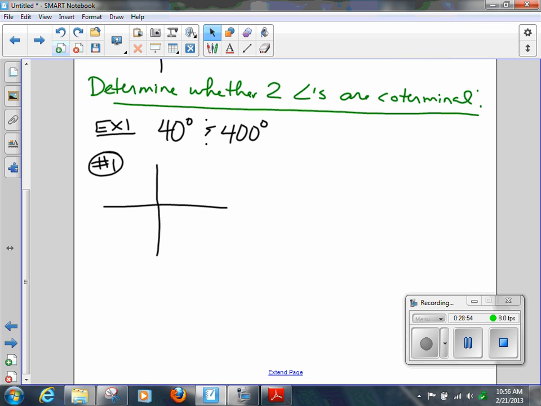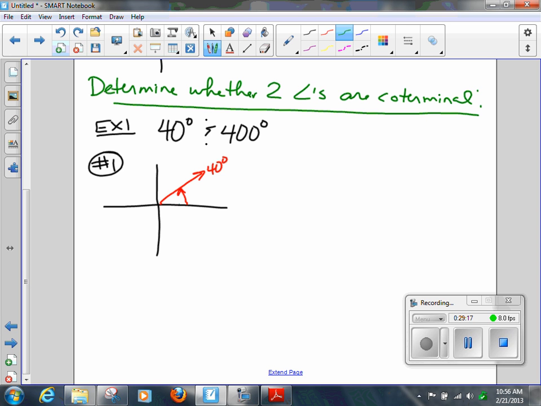The first way would be to draw the 40-degree angle. There it is. Where's 400 degrees? It's 360, which is all the way around, plus how much? 40. So look at me using different colors.